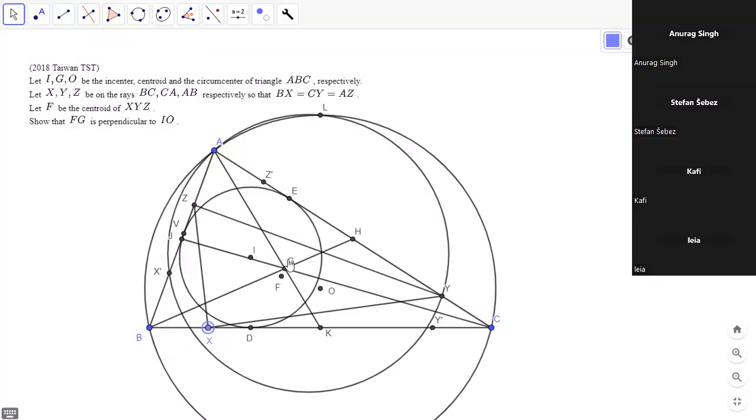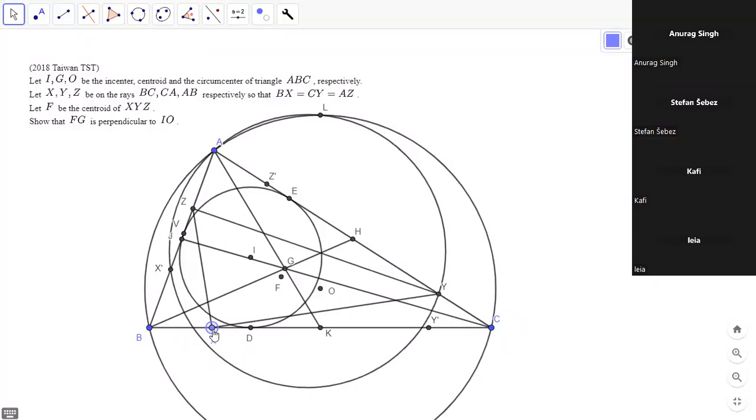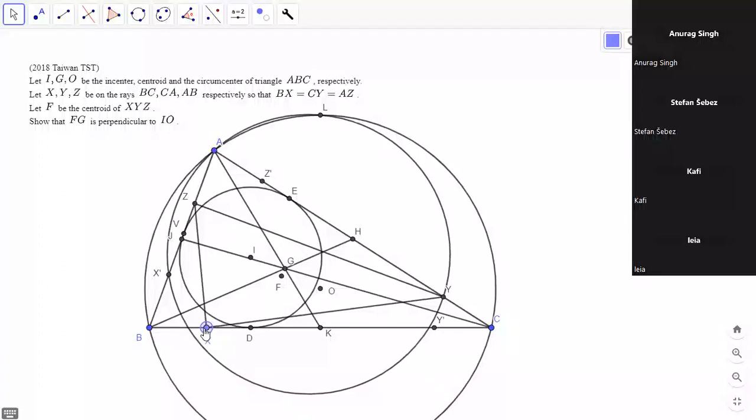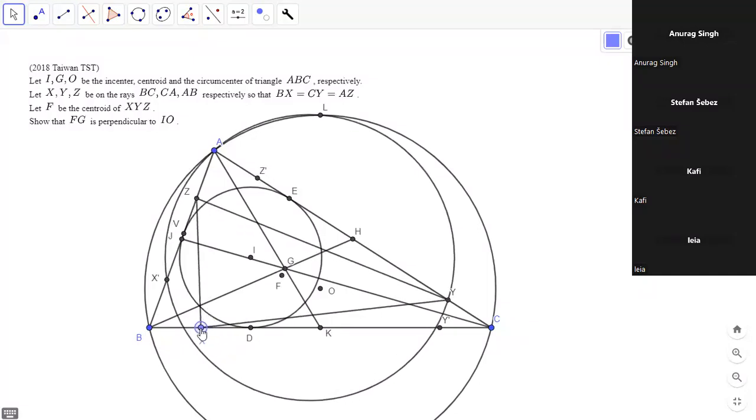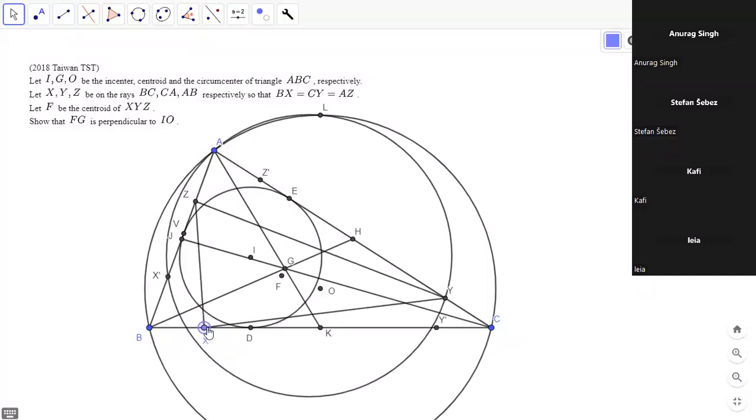So the vector FG, so F is a third X plus Y plus Z, G is a third B plus C plus A. When you subtract the two, I think you get the vectors BX plus CY plus AZ, and those are always the same length. So if you change X, you're just scaling the vector FG. And so I think we only need to prove it for one case of the point X. Does that make sense?